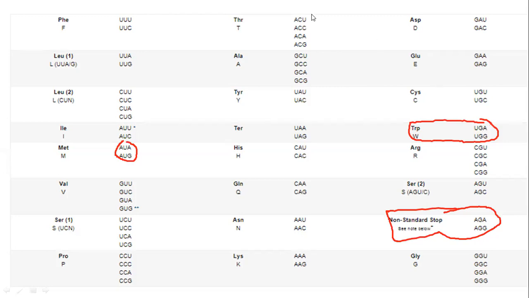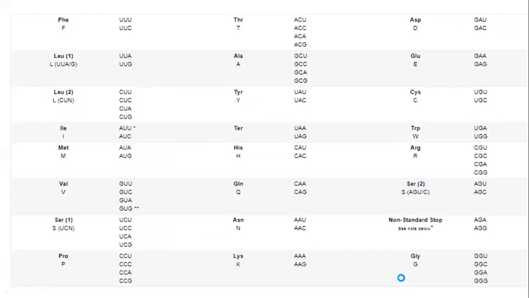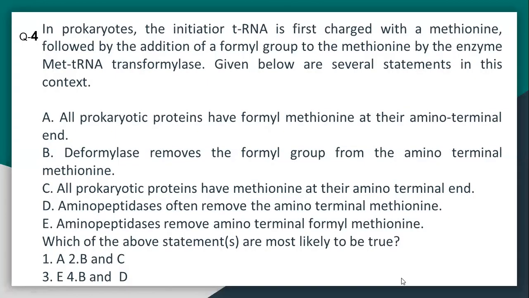Now, next question. In prokaryotes, the initiator tRNA is first charged with methionine, followed by addition of a formyl group to the methionine by the enzyme tRNA formylase. Given below are several statements in this context. Basically, a post-translational modification occurs.